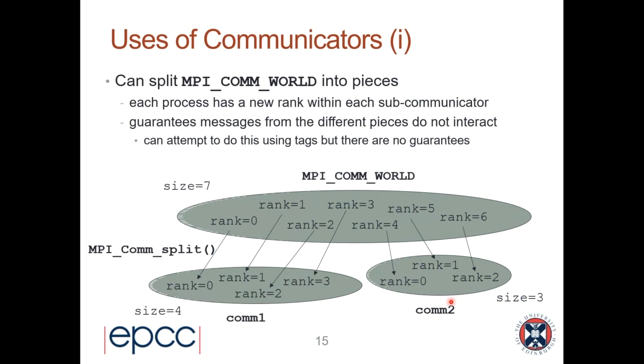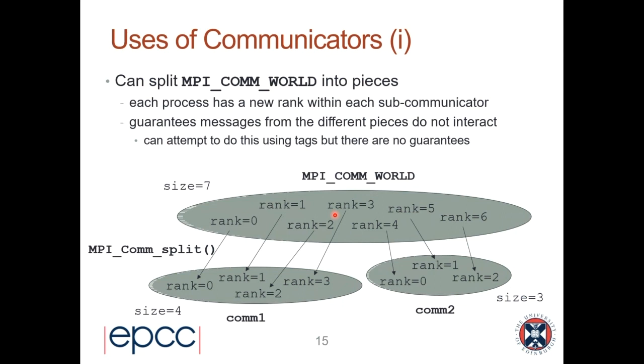I live at house number 51. Other people live at house 51, but they're not the same house, they're in different streets. So 51 is a unique identifier in my street, but not a globally unique identifier for my house. The most important thing about your rank in COMM_WORLD is that it is guaranteed to be globally unique. Every process has a separate rank.